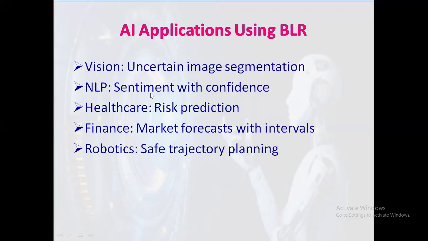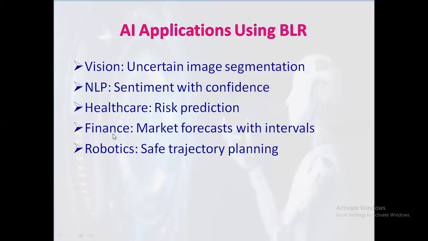Next, we will move on to the AI applications using BLR. Bayesian linear regression is widely used across multiple AI domains where uncertainty quantification is critical. In computer vision, it helps in tasks like image segmentation by modeling pixel-wise uncertainties. In natural language processing, BLR can predict sentiment or topic probabilities with associated confidence levels. In healthcare AI, it's used to predict patient risk scores while accounting for the confidence in those predictions.